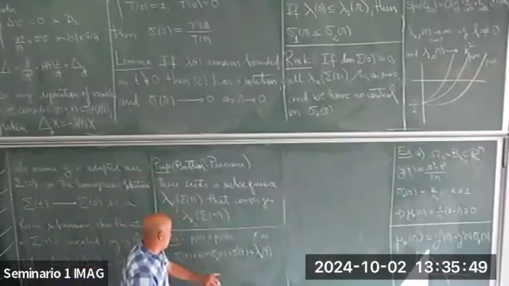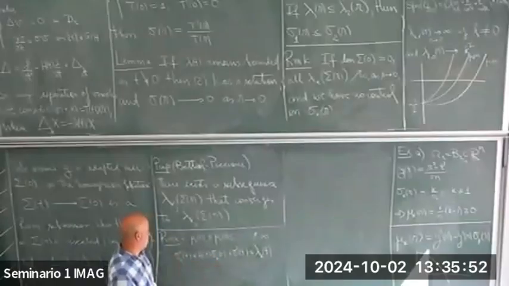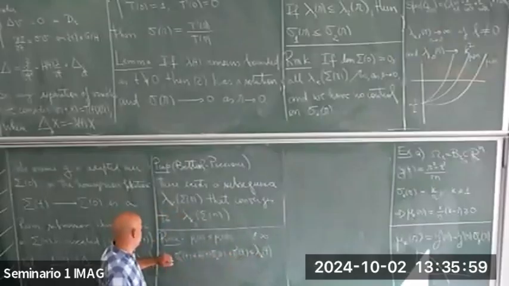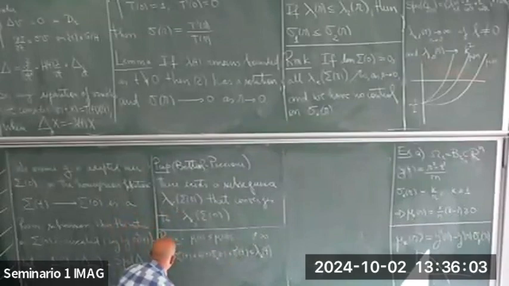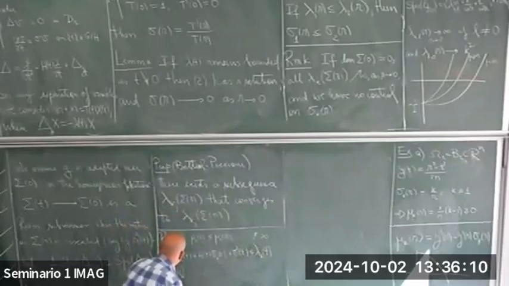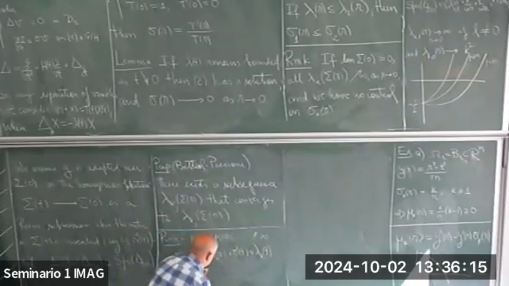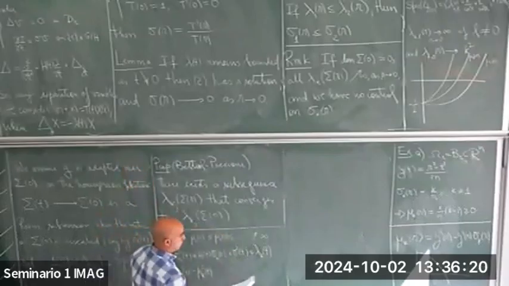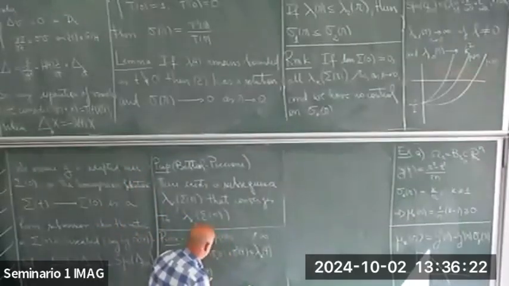So the eigenvalues of the Steklov problem satisfy this Riccati equation, and mu k also, all right. It follows directly from that equation.